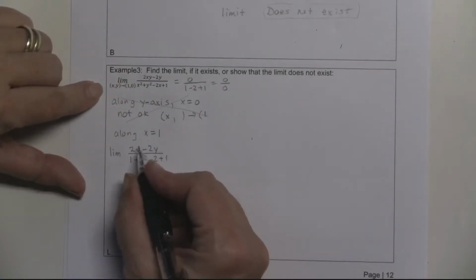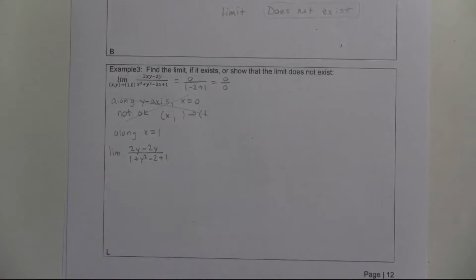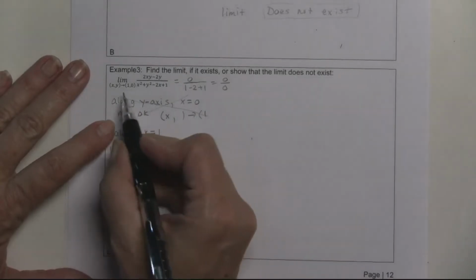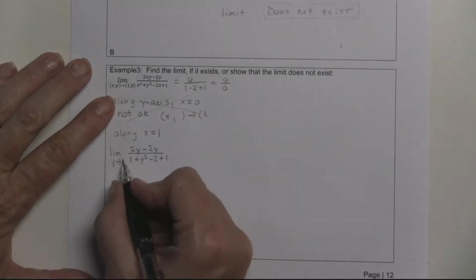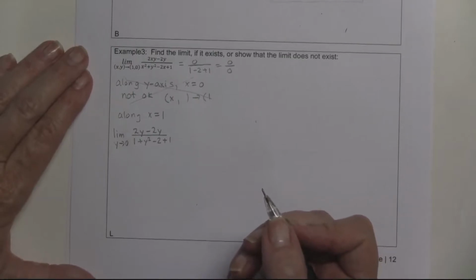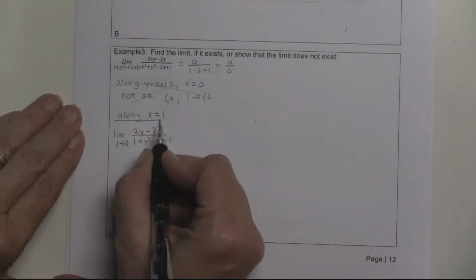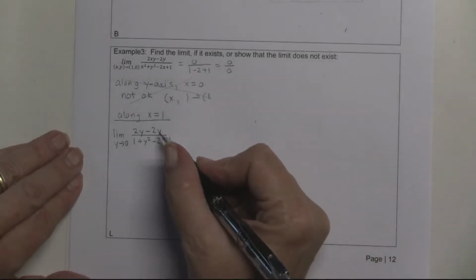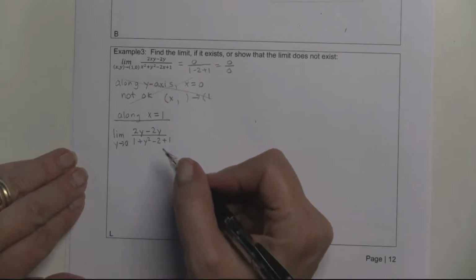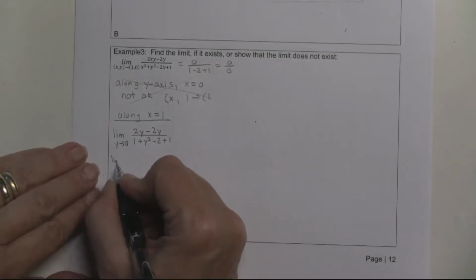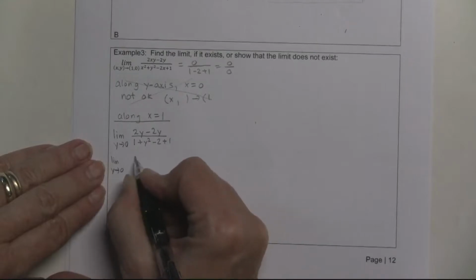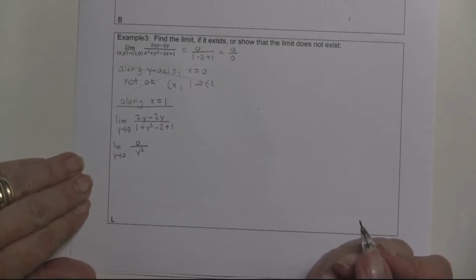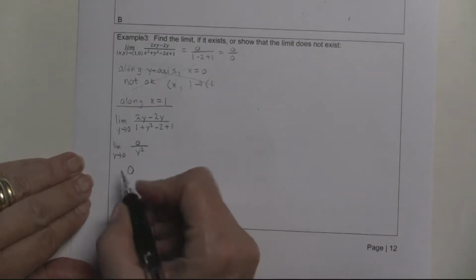And notice I only have y's in here because I replaced x with 1. And y is going to go to 0. So when the dust clears, along this path x equals 1, my numerator is 0, and my denominator is x squared. So I'm finding the limit as y goes to 0 of 0 divided by x squared, and 0 divided by x squared is 0. So this limit is 0.